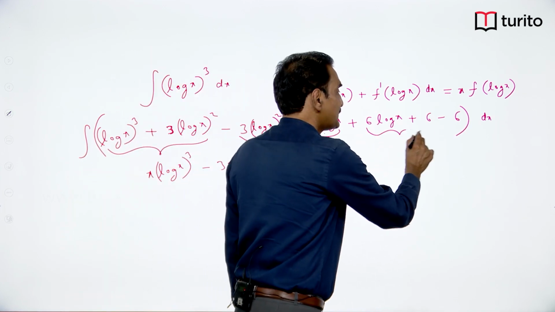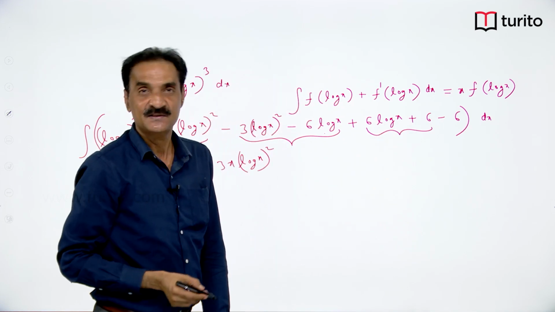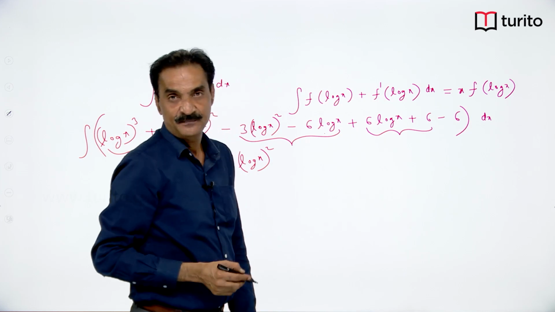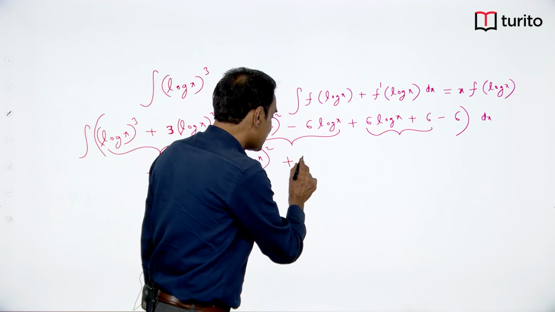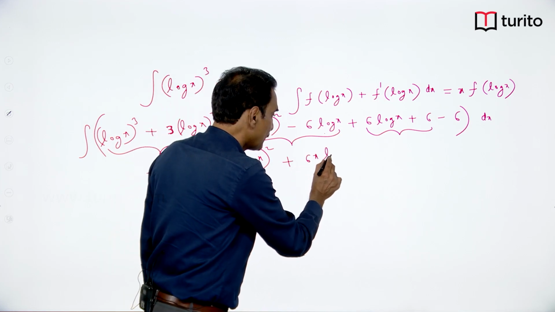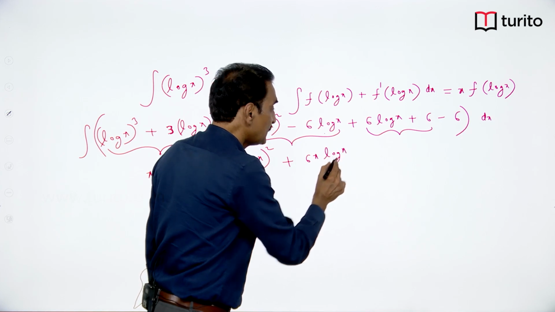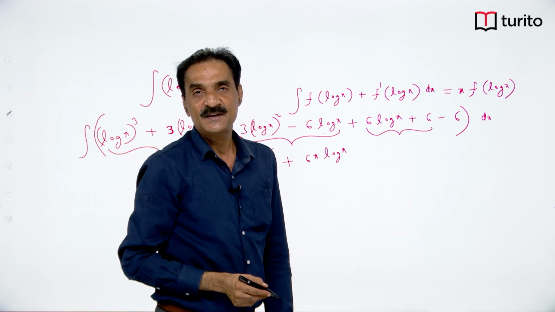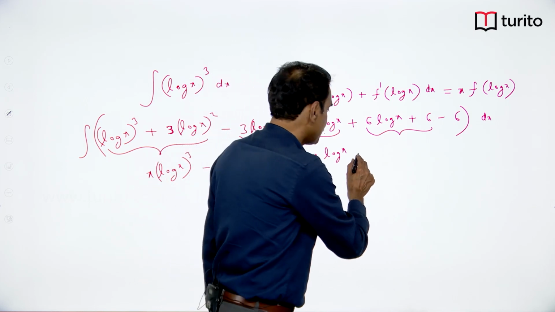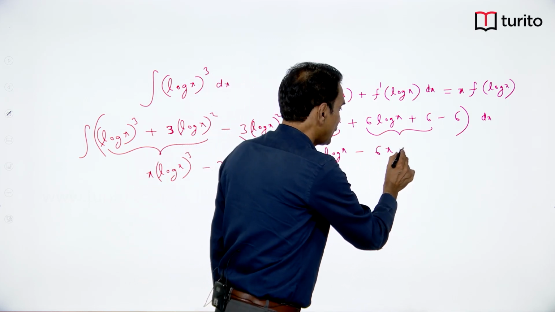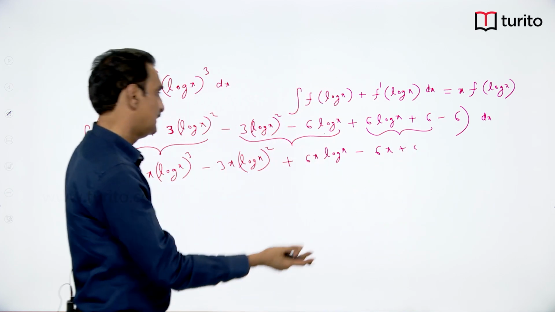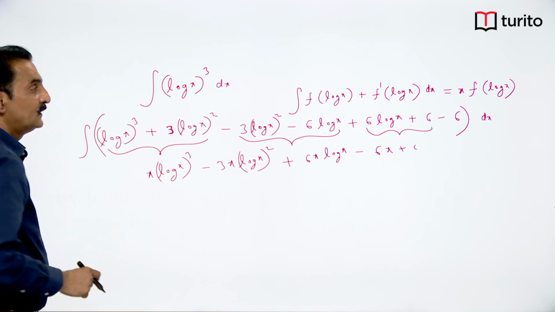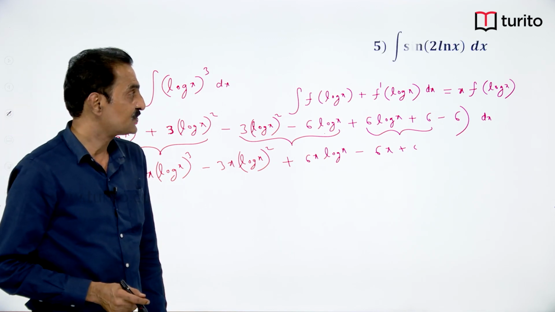Again, if you take this 6 log x plus 6, same formula, you will get x into 6 log x, that is plus 6x log x. Then finally, integral of minus 6 is minus 6x plus c, that is all, this is the answer. Let us move to next question.